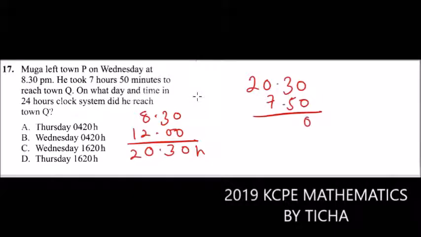So you find this is 0. Since we are working with hours, 3 plus 5 is 8. But 1 hour is made up of 60 minutes. So you get 20, we carry 1. This is 1, we have 1 there. So this is 28:20.